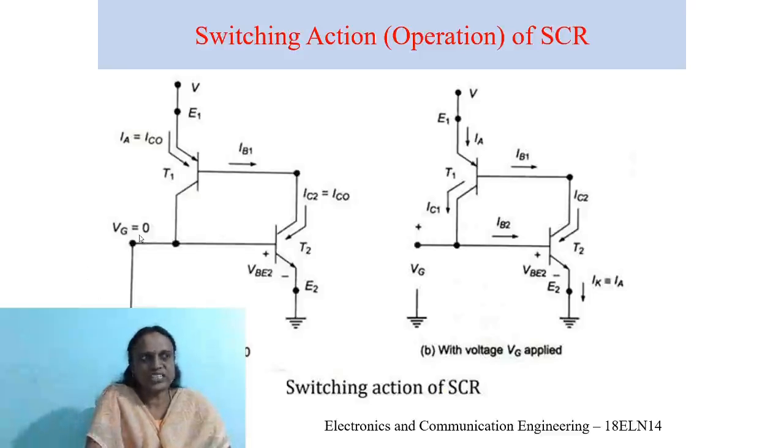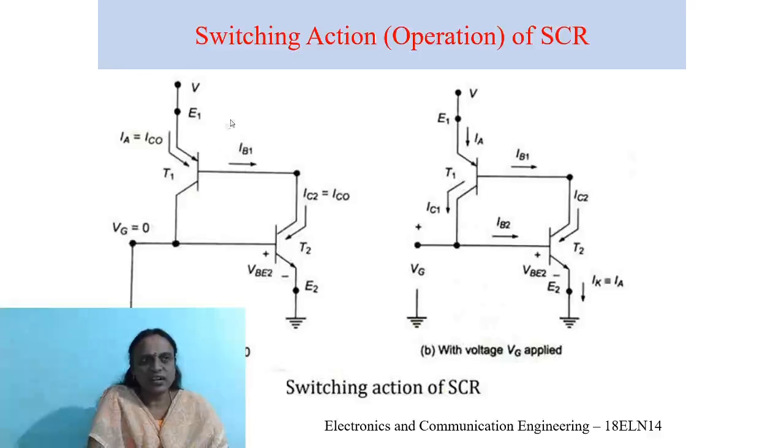As Vg is equal to VBE2 is equal to 0, the transistor T2 is in off state. It means that the collector base junction of T2, through the emitter base junction of T1, is reverse biased.